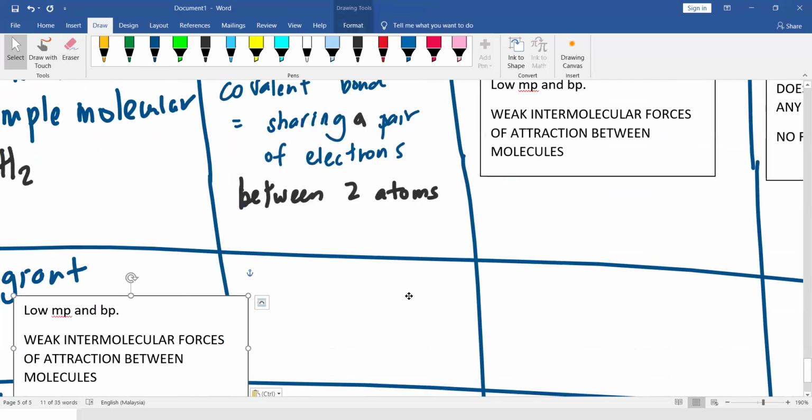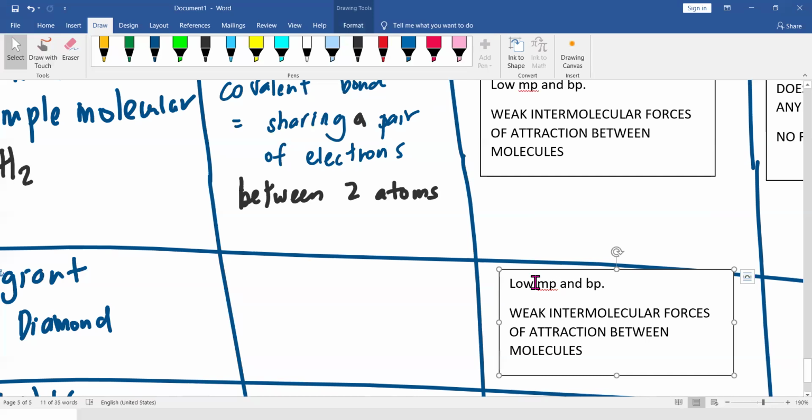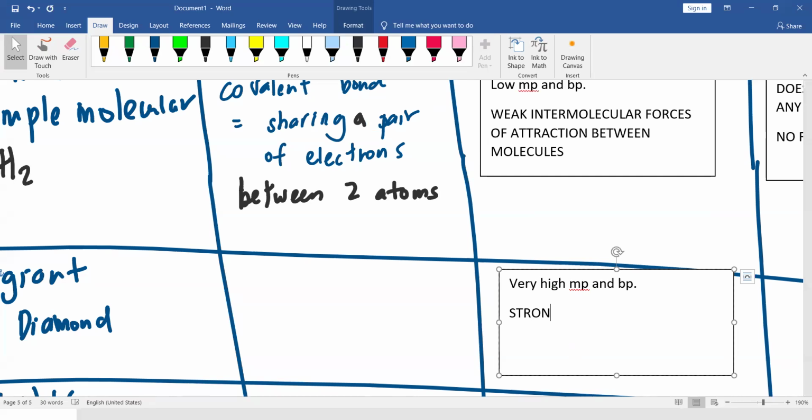So you must be able to explain why. Very high, because it has strong covalent bonds between all atoms.